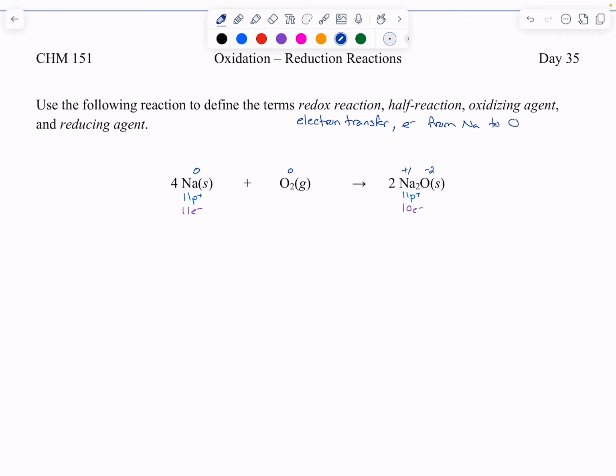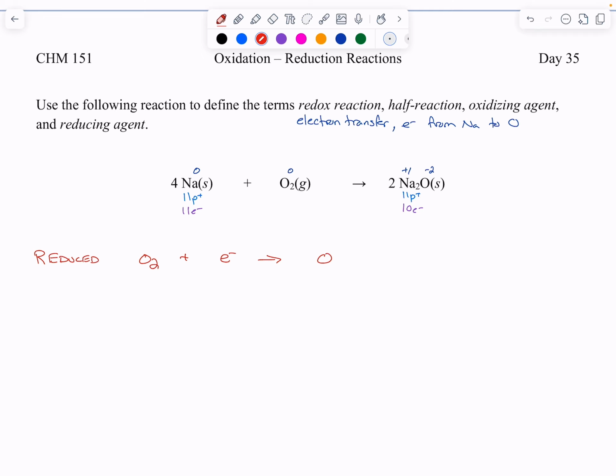Half reaction. All right, so this is the two things. Right? Who is being oxidized or reduced? Well, oxygen reduced is O2 gaining some electrons going to O.